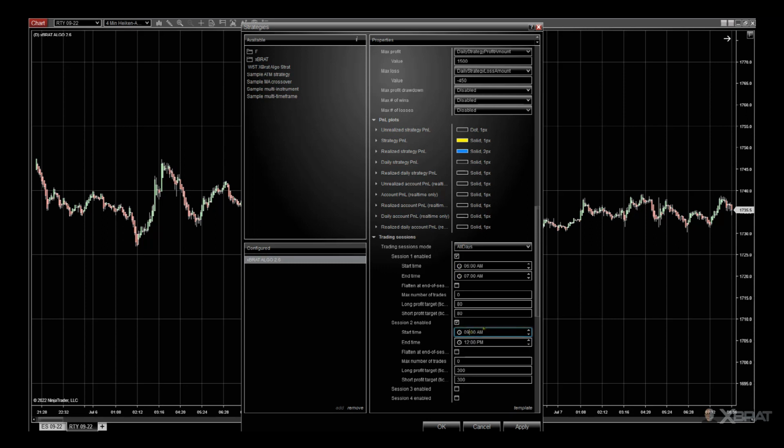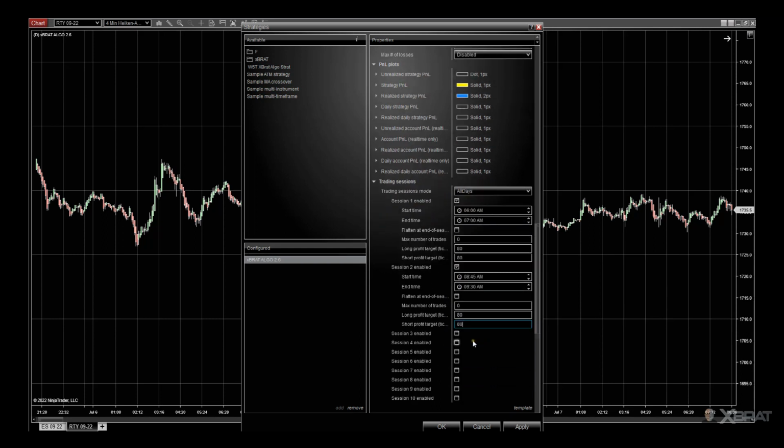So we're perhaps going to go 9 a.m. In fact, I'm going to go 8:45 a.m. to 9:30 a.m. We can adjust these. We need AM. Apologies. Changing those targets now. Maximum flatten at the end of the session, I'm leaving off, okay, because these are in the morning. They'll be over and done with by then.